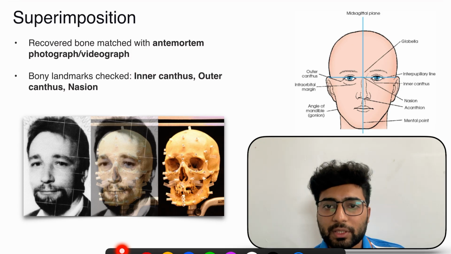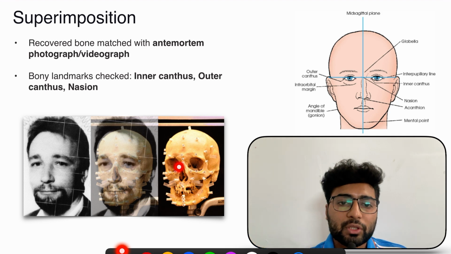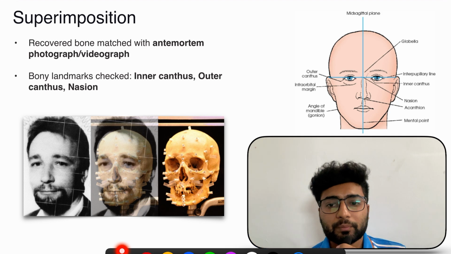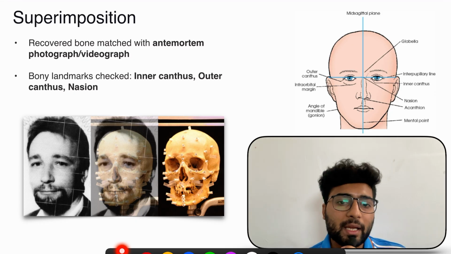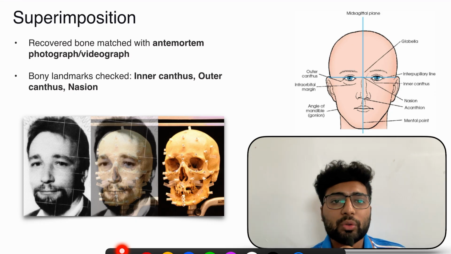Over here you can see this is outer canthus, this is nasion, and this is inner canthus. So inner canthus, nasion and outer canthus, we compare this of the skull and of the person by superimposing that. From this we can get an idea whether this skull belongs to that person or not.